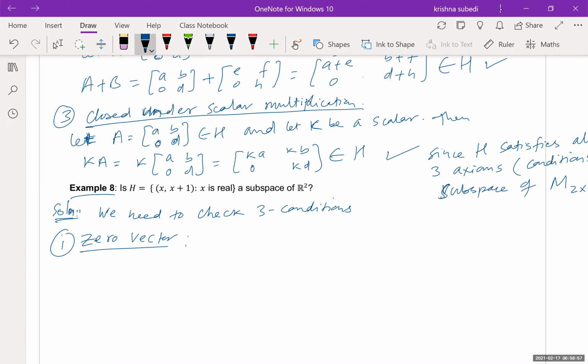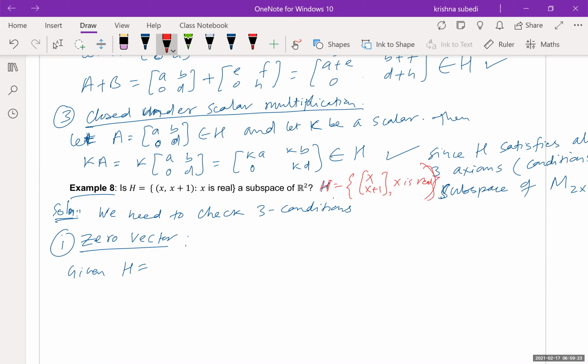See here, given H, this H can be written as (x, x+1), where x is real.